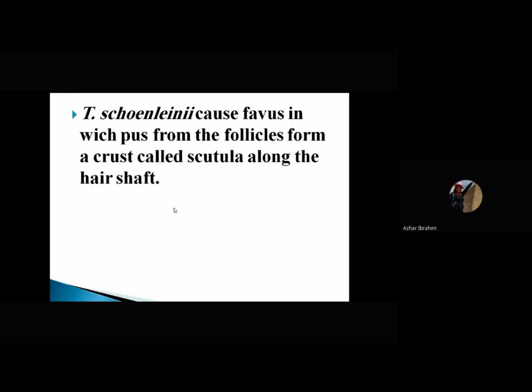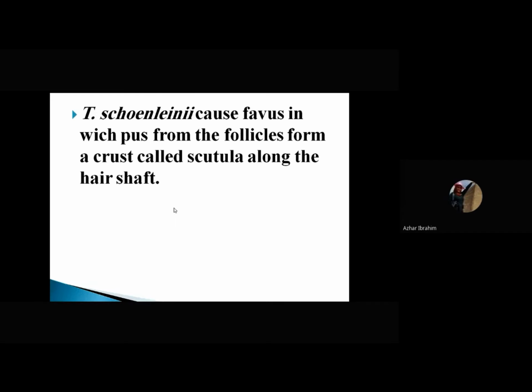but the pus usually covers the follicles also. It looks like a crust, like a cup, كأنها cup تشبه الكوب. Of course, this is under a magnifier. This is the crust or cup-shaped pus, which later on will be crusted, okay? These crusts are referred to as scutula.